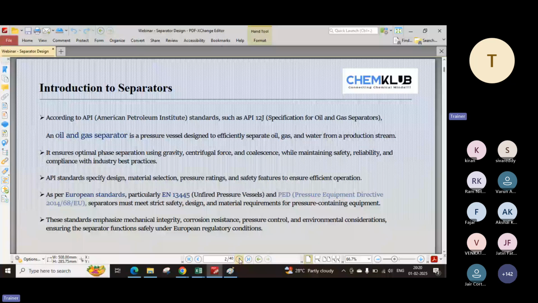However, these all follow some part of API 12J or the GPSA itself. That is the main Bible for this requirement. GPSA gives you a more detailed and rigorous idea about these separators. They have various volumes or modules based on each topic in the process industry.